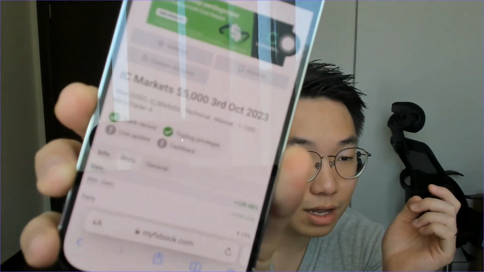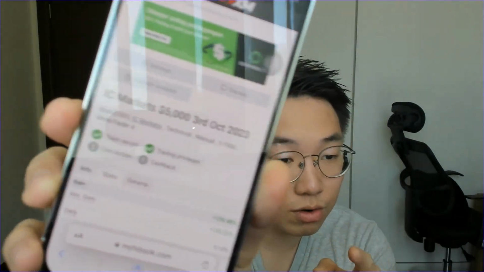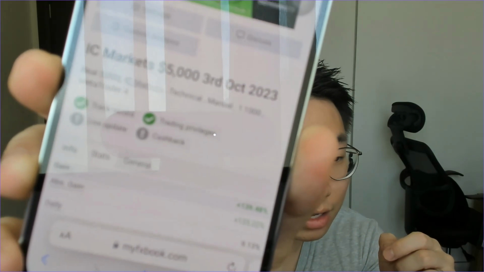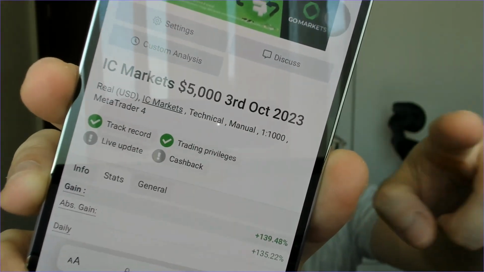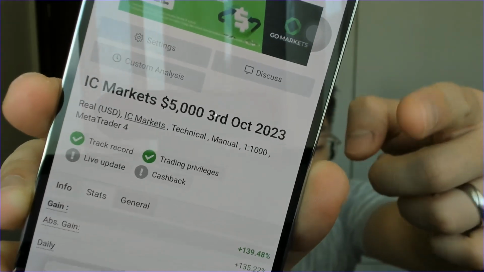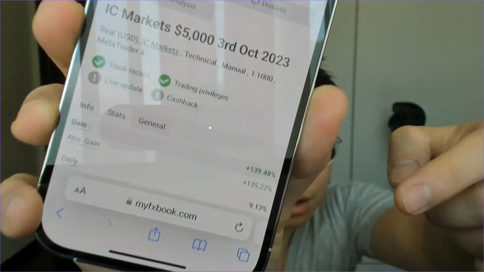And that's pretty much it for the trade recap. So just to again show all of you, this is the IC Markets $5,000 track record. The track record is verified. Trading privilege was also verified, and we're up 139.48%.